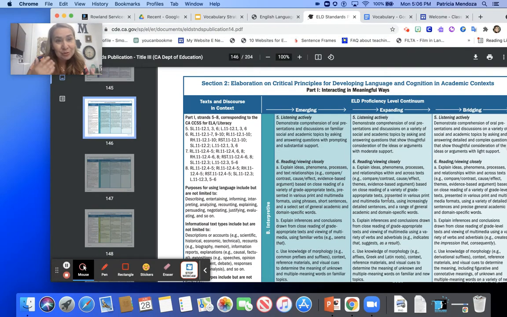We want them to use evidence to share their opinion about things that they're learning. And specifically, looking at what they can find when looking at words, the knowledge of morphology, how to make meaning of things. So that's the ELD standards, which again, wouldn't we want our students to be able to practice these skills?